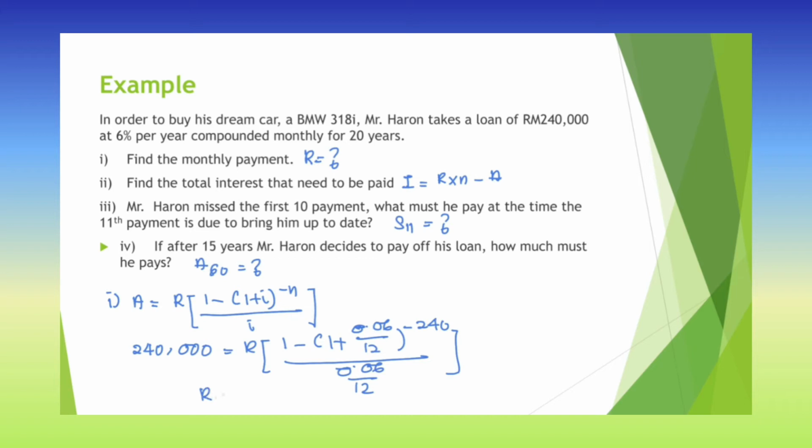Therefore, R, the monthly payment, equal to RM 1719.43.